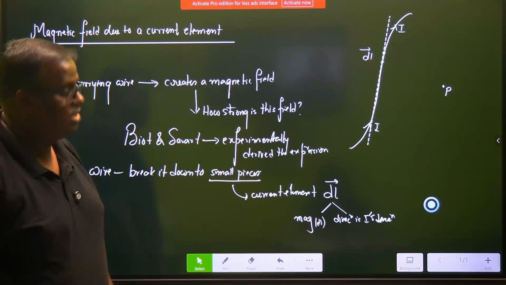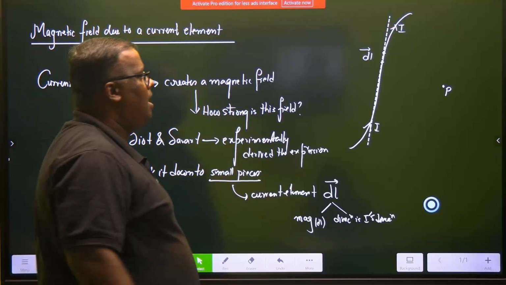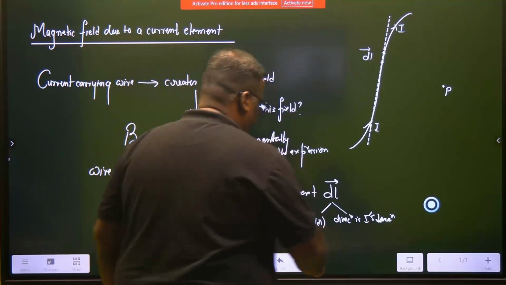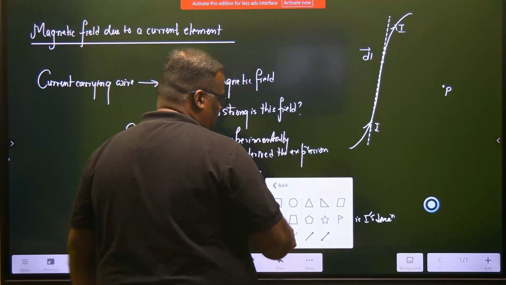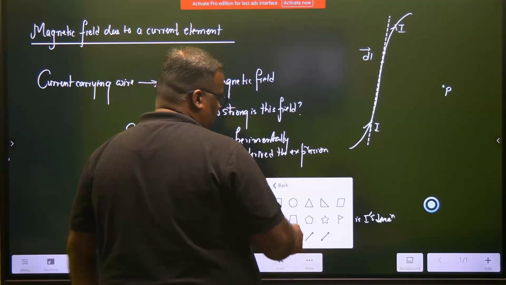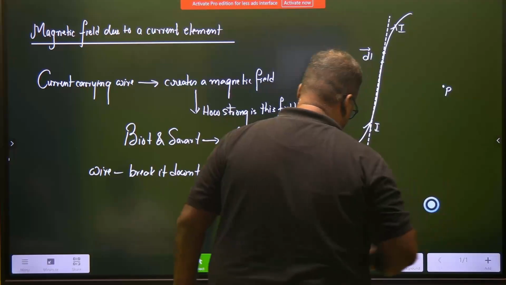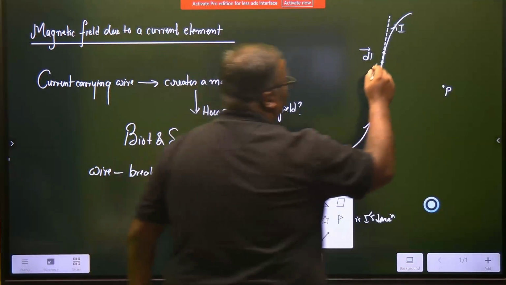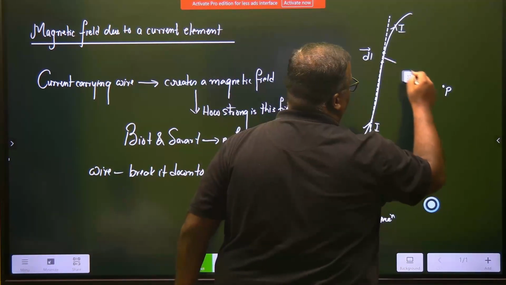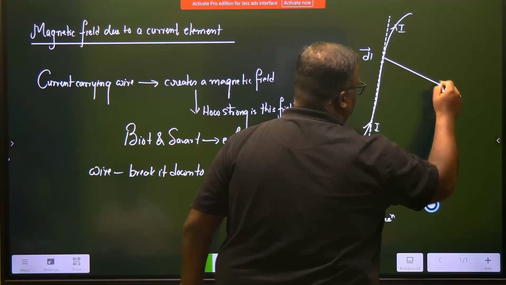Okay, so this is dl, and then we say that the point P is at a distance r from this current element dl. Point P is at a distance r.